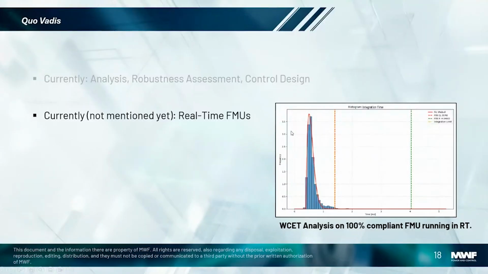Once we have a specific model available, we run this worst case execution time analysis on our Linux preempt based tool, and it tells us at which rate it's able to run our models, in such a way that we can tune our communication delays, our step size for the numerical integration, and so on.